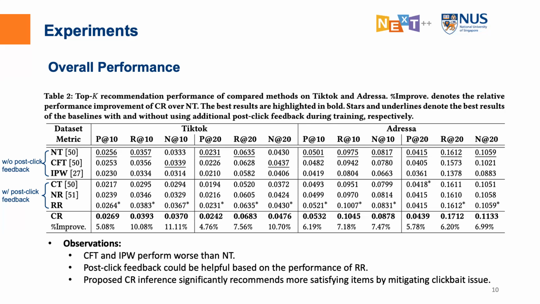Yes. I guess your question is that some items may have attractive exposure features, so they have a higher probability to be clicked, and a higher probability to have positive post-click feedback, maybe higher ratings, because these kinds of items are exposed more frequently.